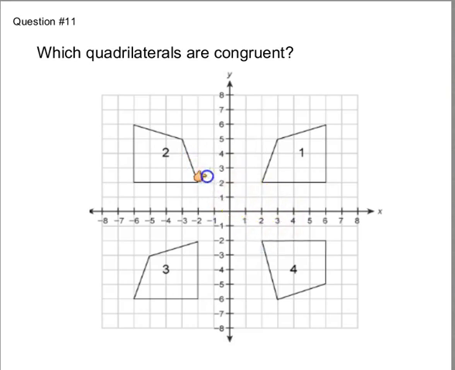Or you could also use distance: 1, 2, 3, 4, and 1, 2, 3, 4, to get you started. Then we can see this goes over 1, up 3. This one goes over 1, up 3. You can do the same thing here. This one goes down over 3. This one goes down over 3. So you can tell that 1 and 2 are congruent by using slopes and distances.